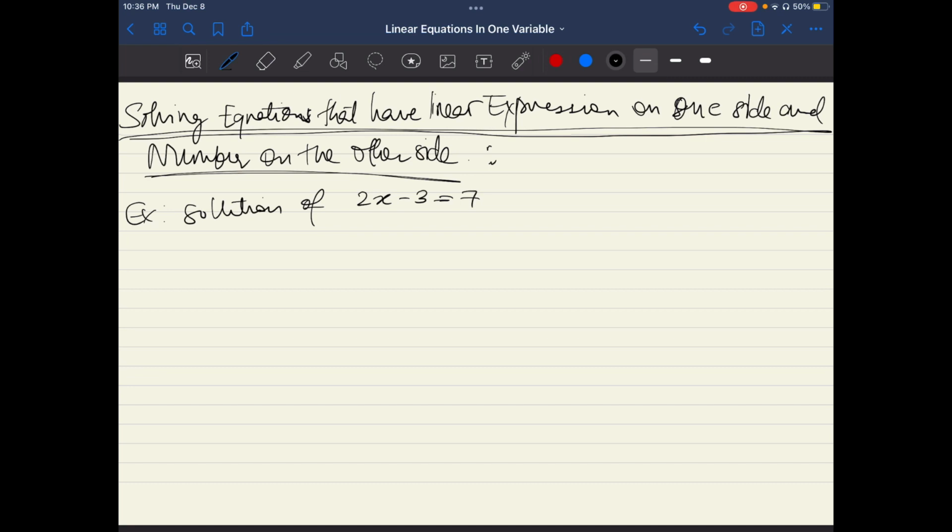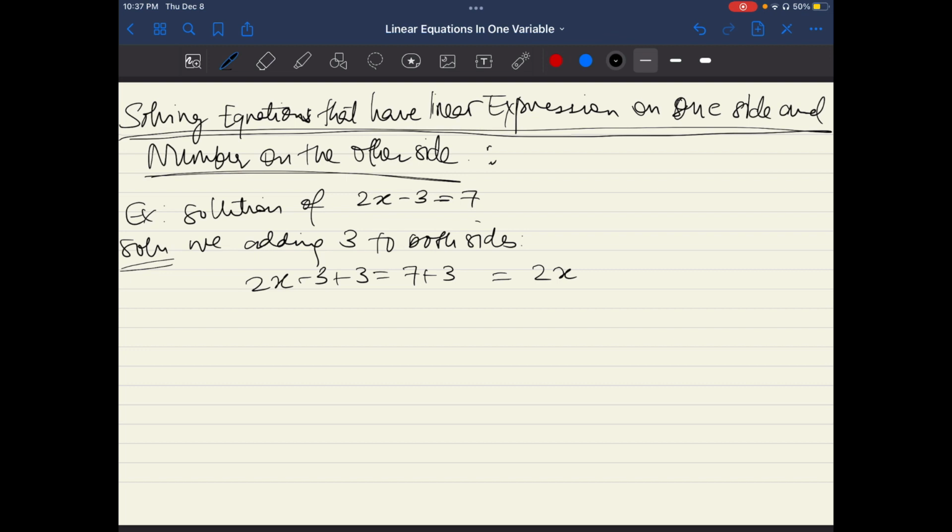So for the equation 2x minus 3 equals 7, we can start with adding 3 to both sides. We get 2x minus 3 plus 3 equals 7 plus 3, which is 2x equals 10.